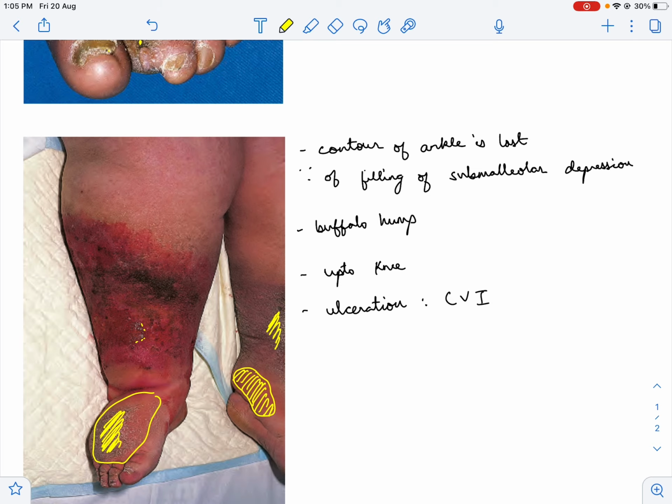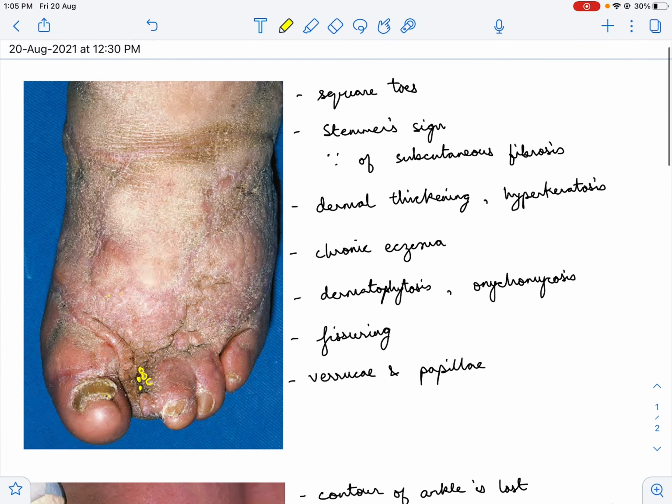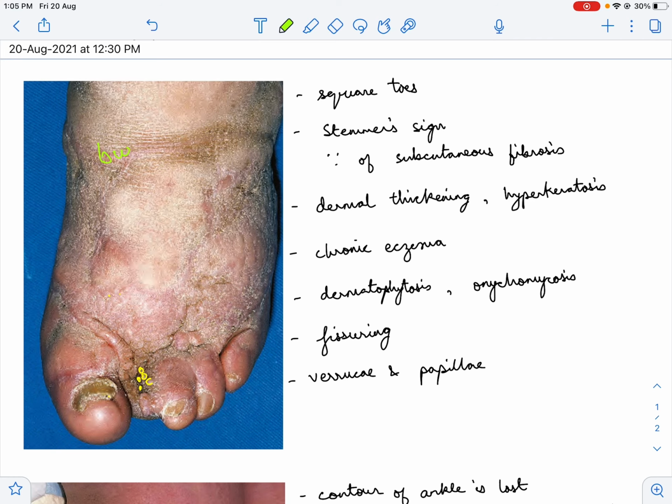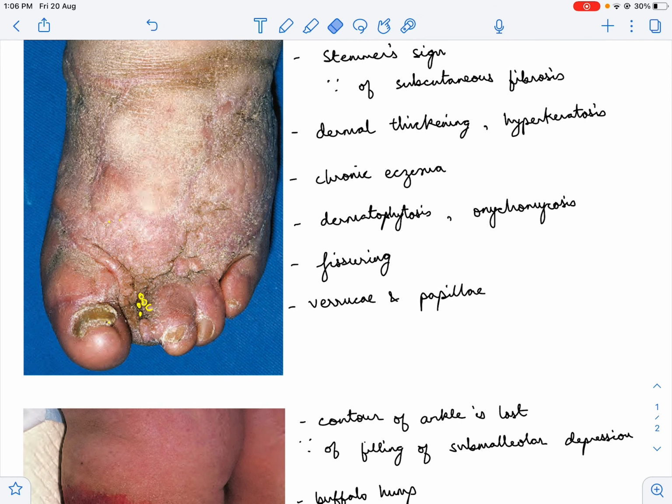Another typical thing is there are burning and bursting sensations. This is typical of lymphedema.